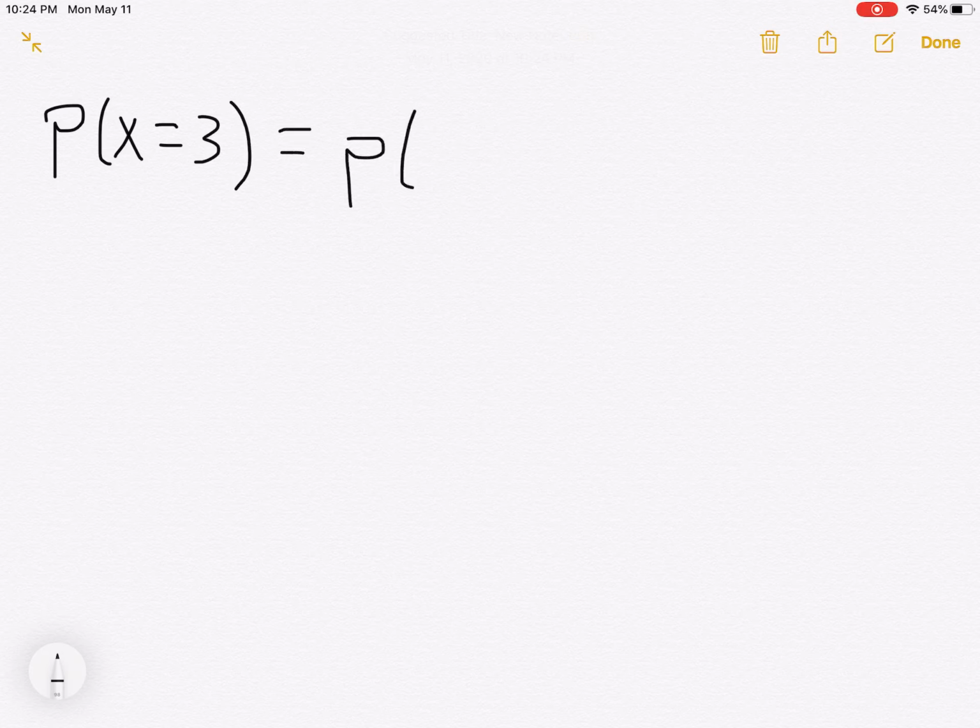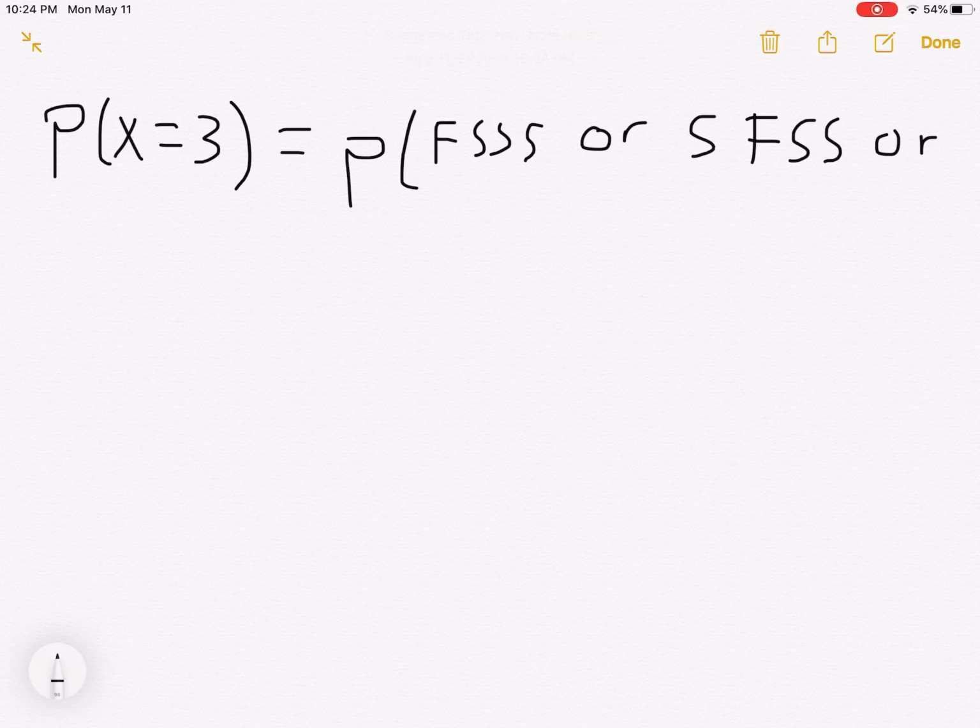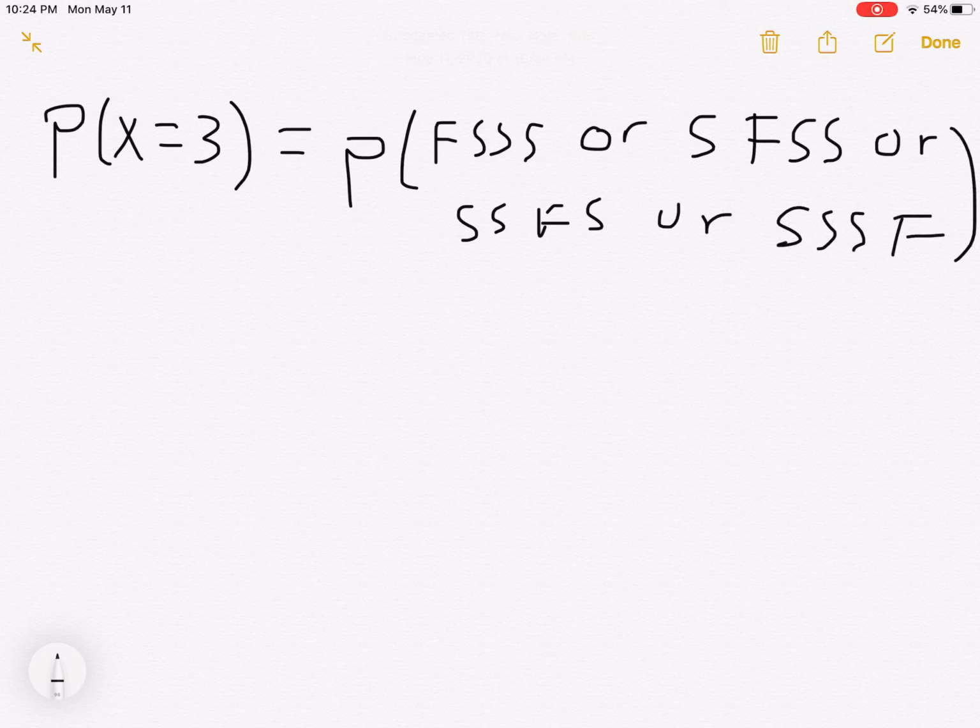Well, that's going to be the probability of failure, success, success, success, or success, failure, success, success, or success, success, failure, success, or success, success, success, and failure.